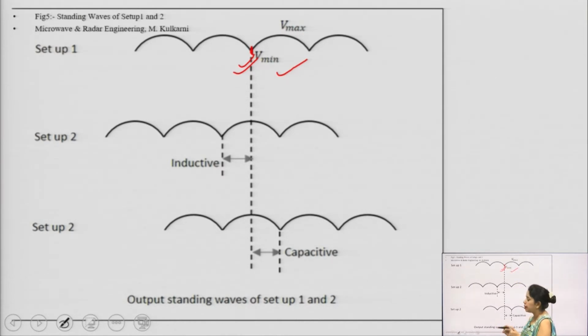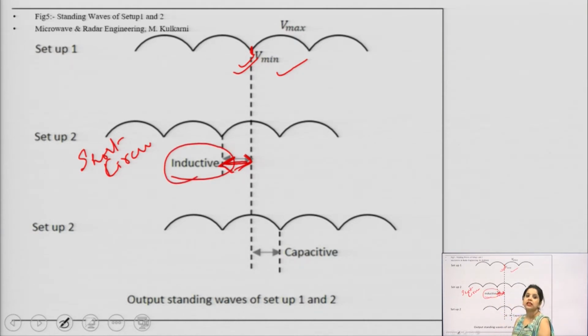And in setup 2, when we have short circuited the termination, what is this side called? This is our left side. So, in the case of a short circuited termination, if our V min shifted towards the left, then the load which we took in setup 1 should be an inductive load. Again I am repeating, in setup 1 we are attaching the load, and in setup 2 we are providing the short circuit termination.